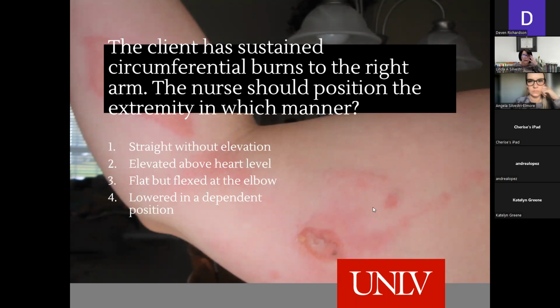Okay, so our answer here is option 2, elevated above heart level.